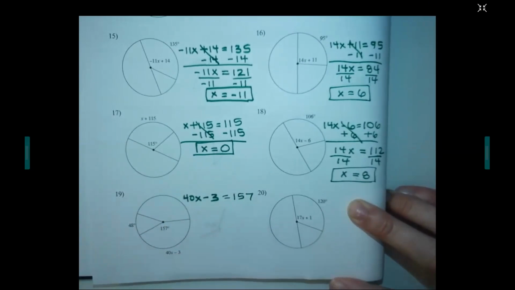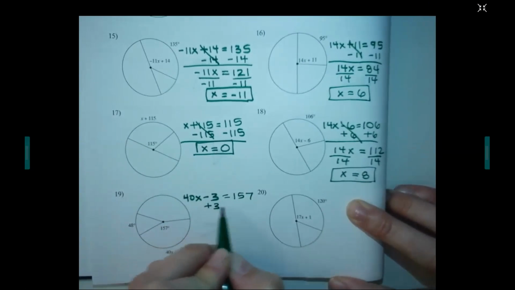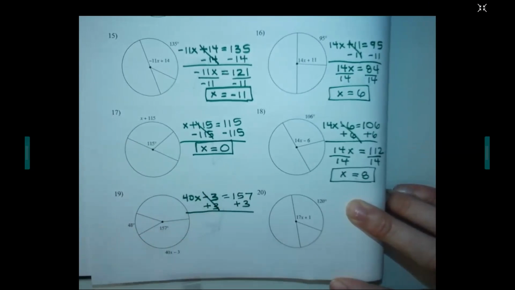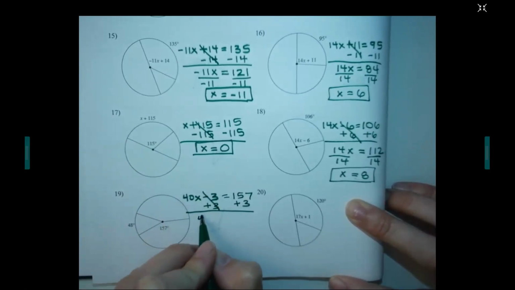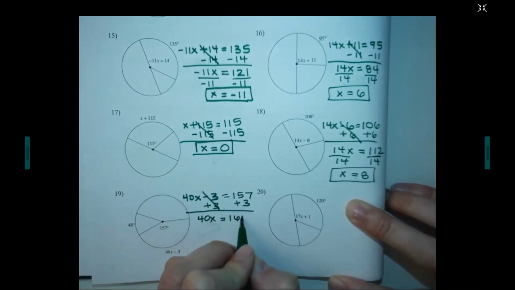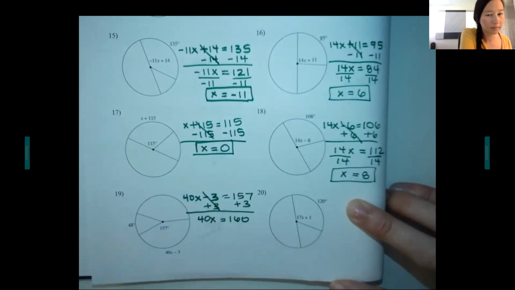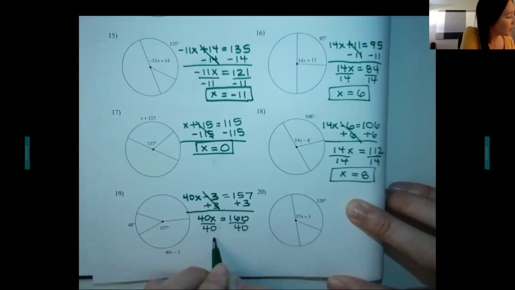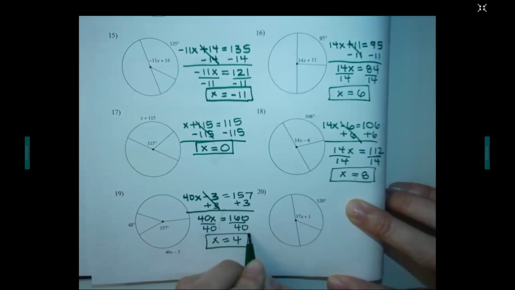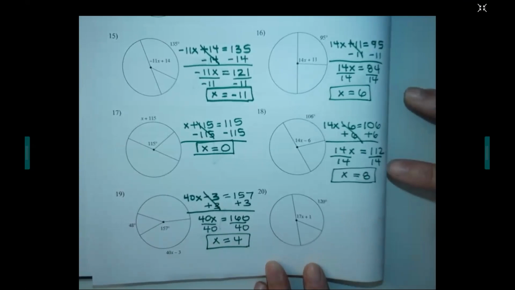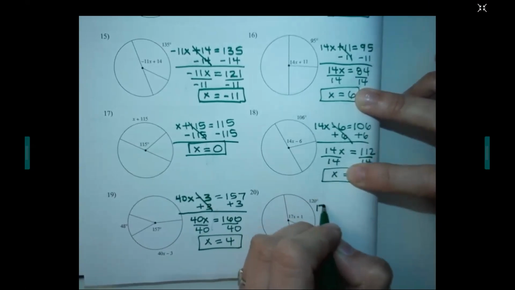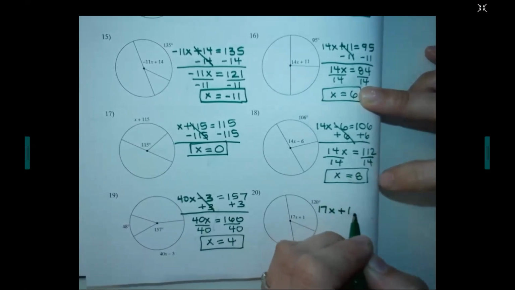And then I added the 3 to the 157, and then I got 40x equals 160. Very good. And then I got x equals 4. So once you divide by 40, yep, x equals 4. Very good. Jade, and then what about 20? I did 17x plus 1 equals 120.